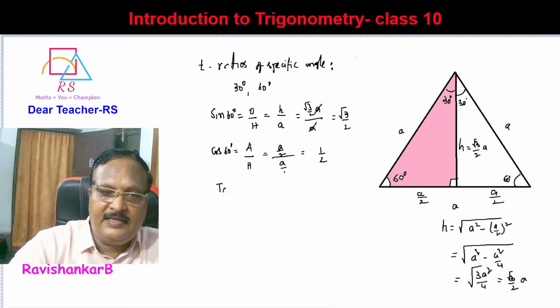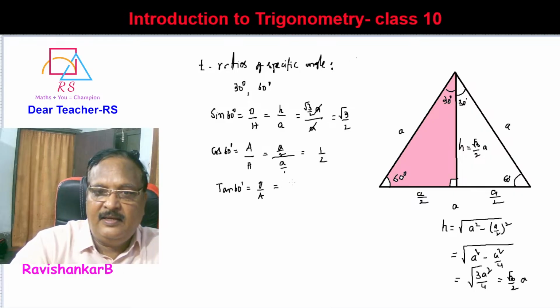Similarly tan 60 degrees is equal to opposite side by adjacent side. Opposite side is root 3 by 2 a, by adjacent side a by 2.